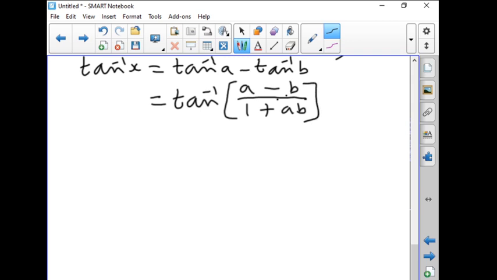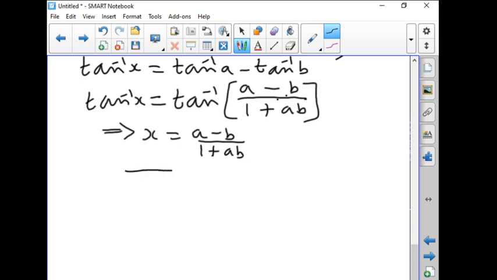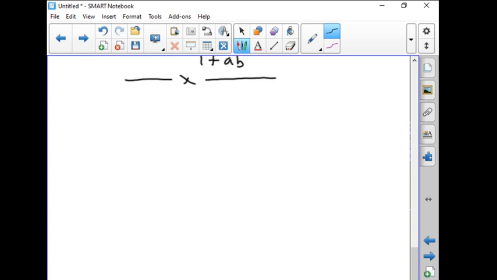So, we have got tan inverse of x is equal to tan inverse of A minus B by 1 plus AB, which gives us x is equal to A minus B by 1 plus AB. So, thus we have got the result.